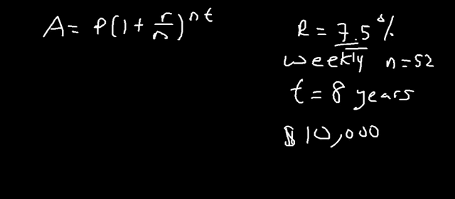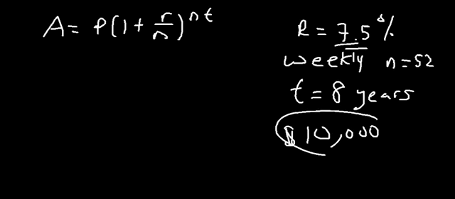Yeah, because I want to rephrase this problem where you have to solve for the initial amount. So how much money do you have to put in if you want your account balance to be 10,000 after 8 years if you receive a 7.5% interest rate and your account is credited weekly?